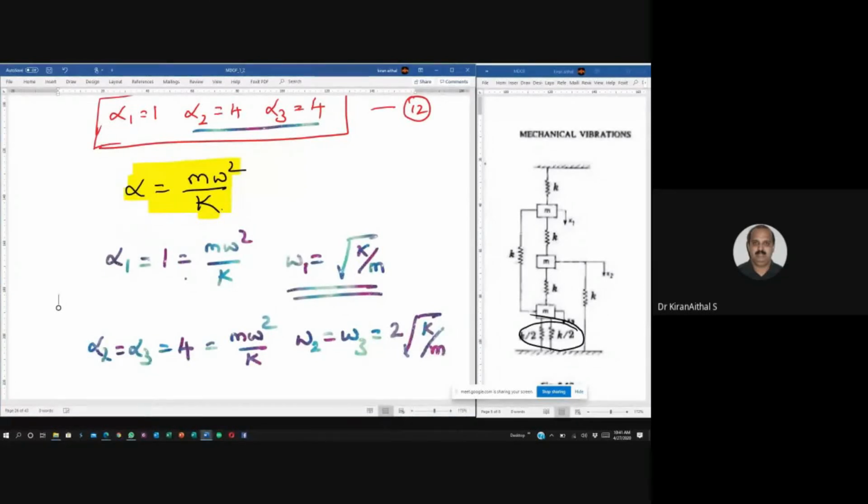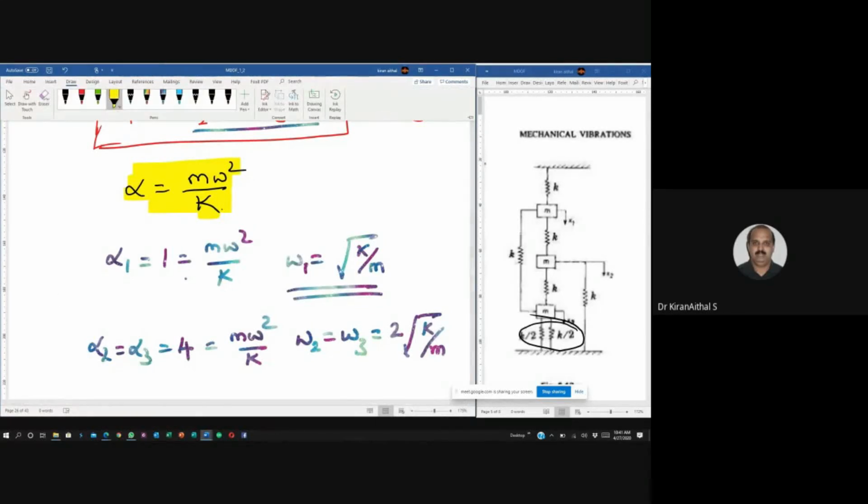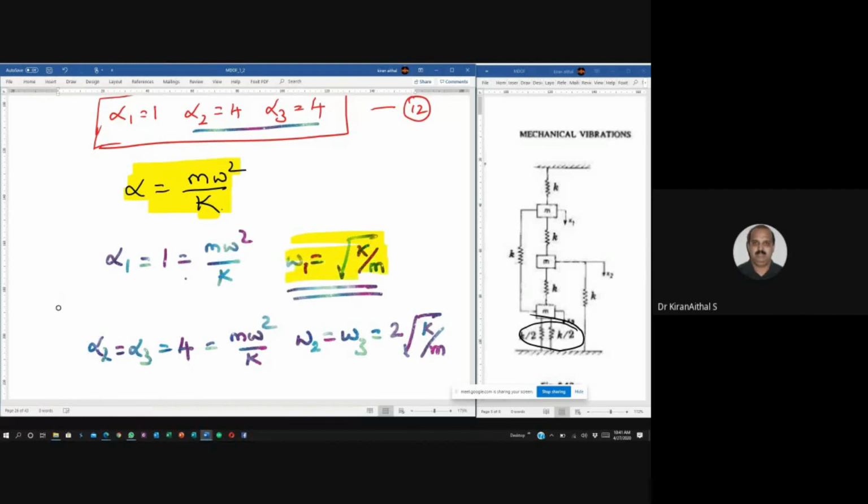Correct or not? So this is the answer you have got for this problem, which gives you omega 1, omega 2, and omega 3.